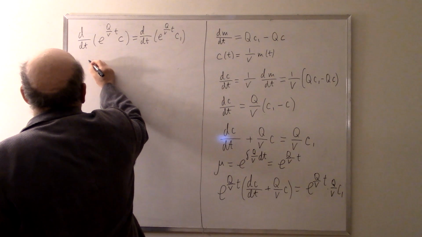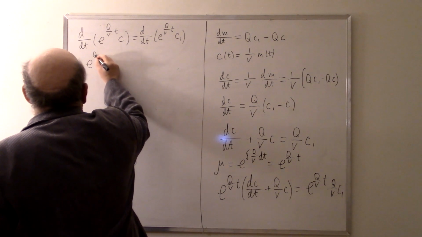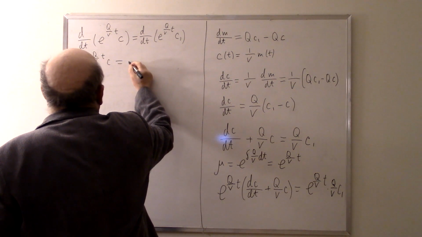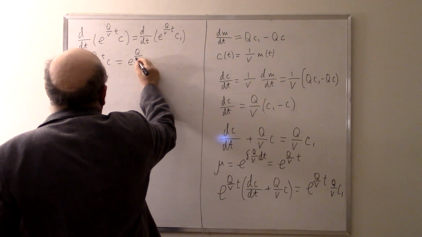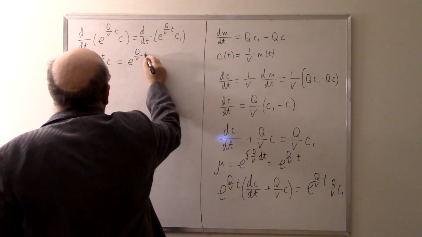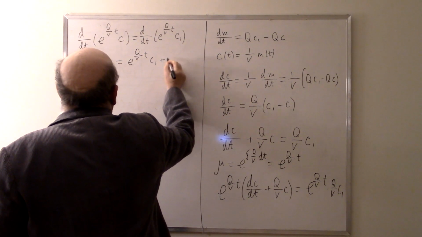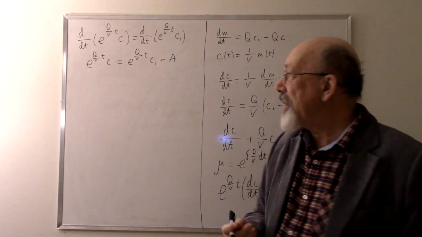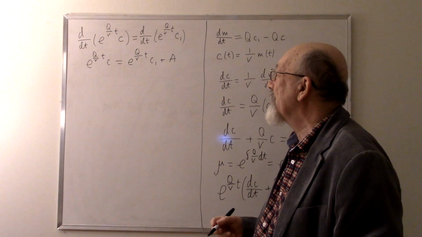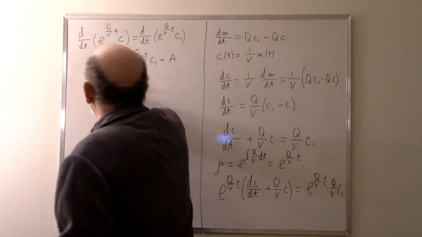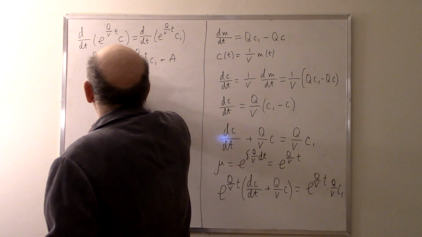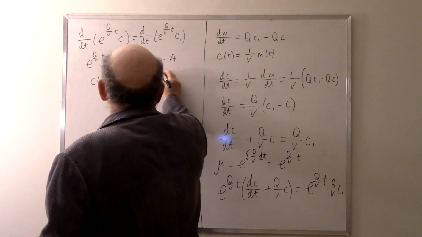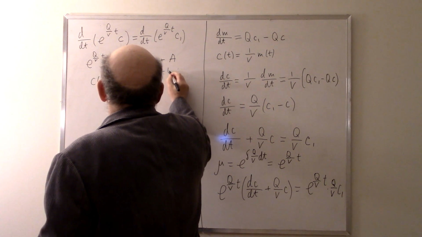So this means that e to the power Q over V t times C equals e to the power Q over V t times C1 plus some constant. C is already busy, so I denote this constant by A. C of t equals C1 plus A e to the power minus Q over V t.